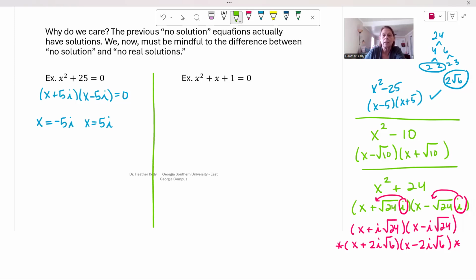Okay? Okay, let's look at this next one and the last one, in fact. And this last one here looks like you would have to use the quadratic formula. So A is equal to 1, B is equal to 1, and C is equal to 1.